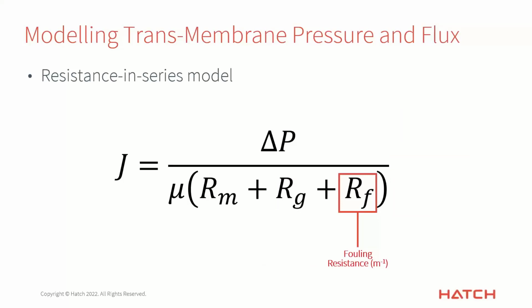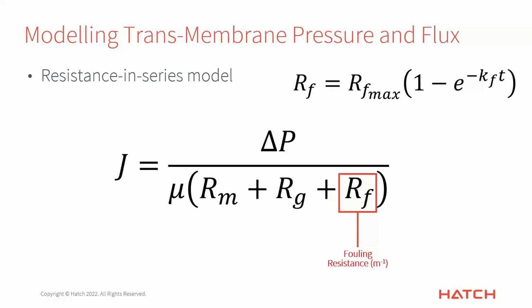And then the last one is the fouling resistance. This is a separate issue from the amount of solids on the surface. This is referring to the sort of permanent plugging of the holes, or the permanent scaling or precipitation of something on the surfaces of the membranes such that it is going to impede the flow. We have a calculation here that we've picked up from a paper that describes how this relationship changes over time.